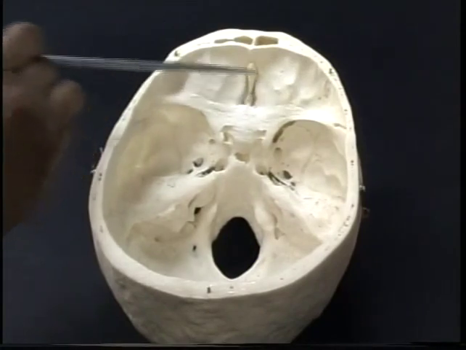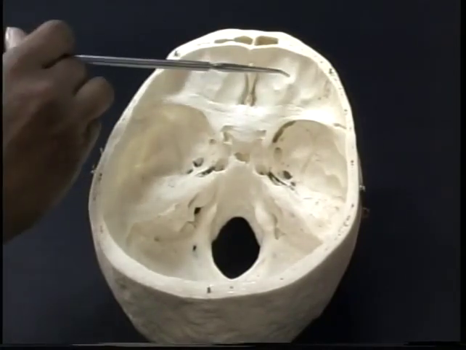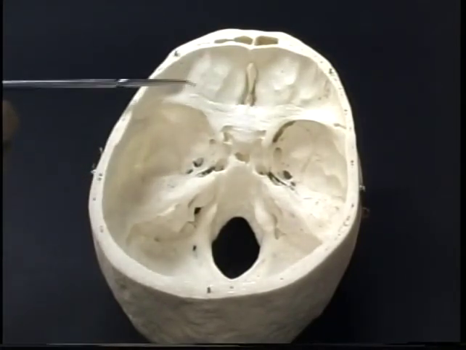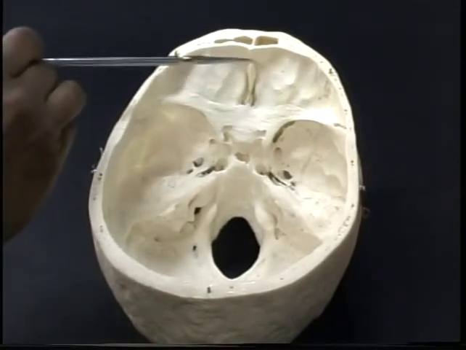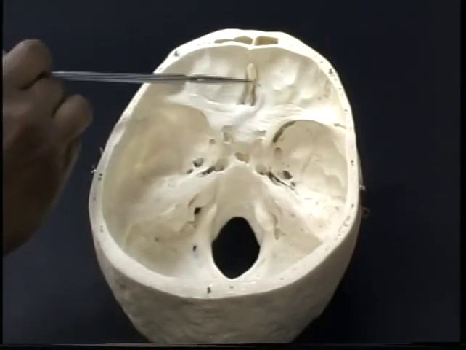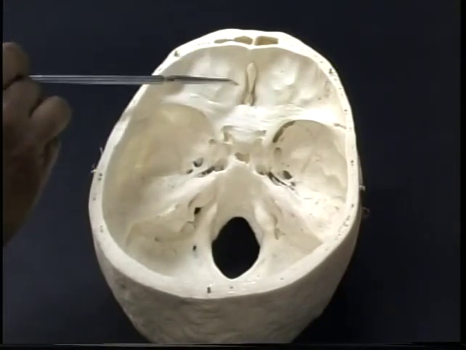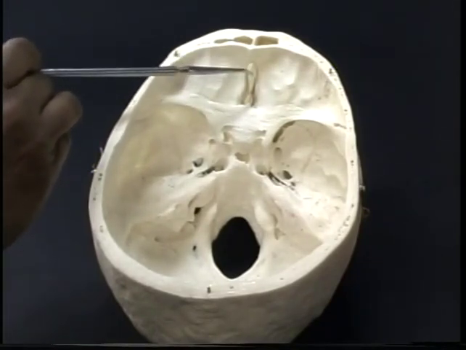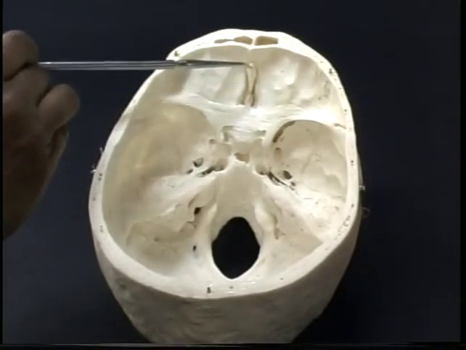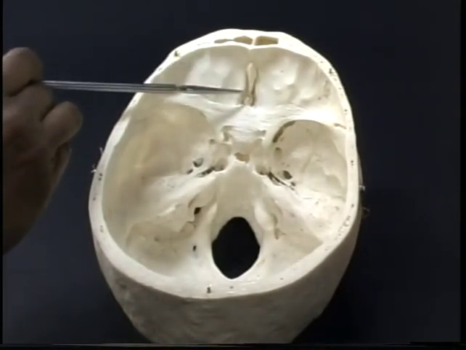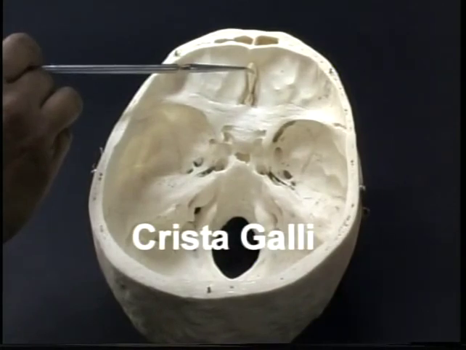These form the roof of the orbits. In the center region, this is the area where the ethmoid bone comes in, and we see a projection of the bone in the middle. This is called crista galli.